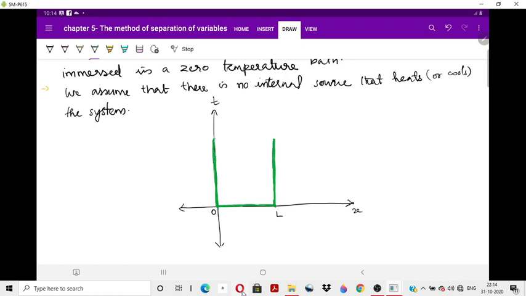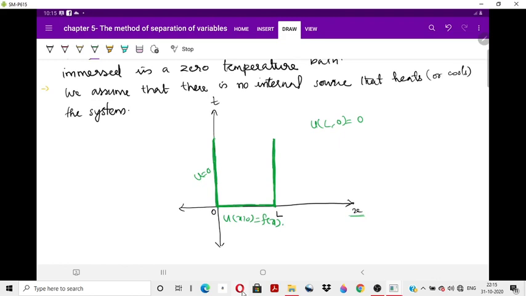When t is equal to 0, that is the x-axis, we have u(x,0) equal to f(x), and along x equal to 0, that is the t-axis, u equal to 0, and when x is equal to L, u is also equal to 0, or u(L,0) is also equal to 0.